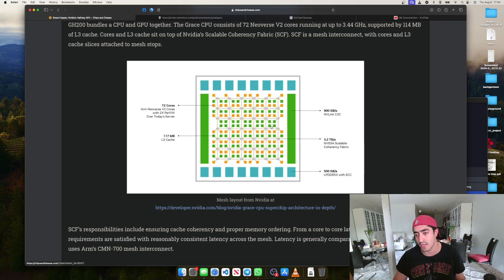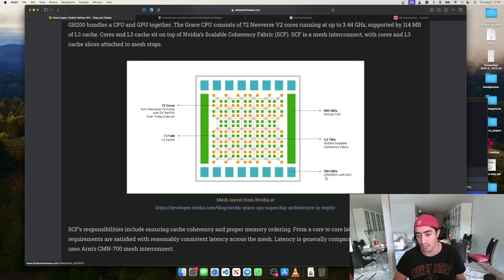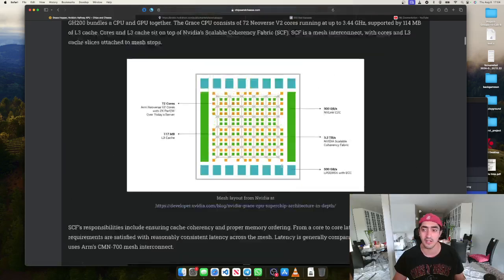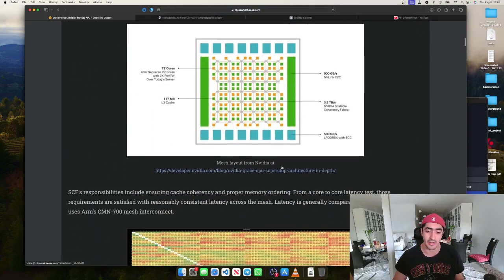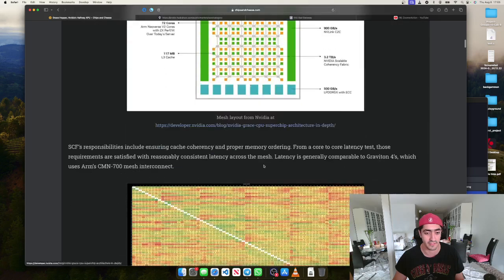That's your L3 cache, and your NVLink provides you with 900 gigabytes per second of transfer, and then Nvidia Scalable Coherency Fabric gives you 3.2 terabytes per second, and then your LPDDR5X, that's your memory, gives you 500 gigabytes per second. And SCF is Scalable Coherency Fabric.